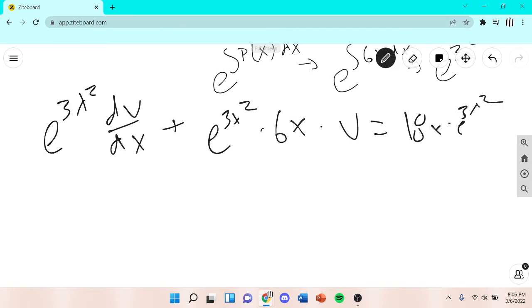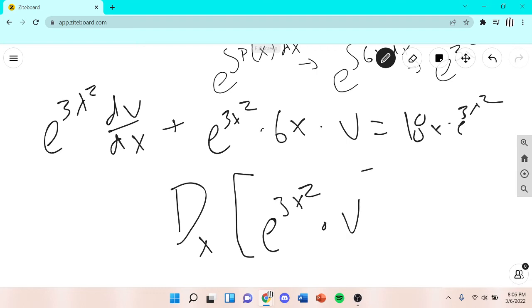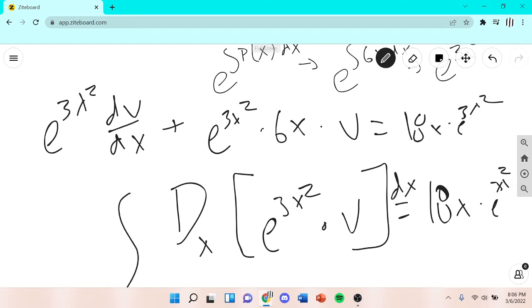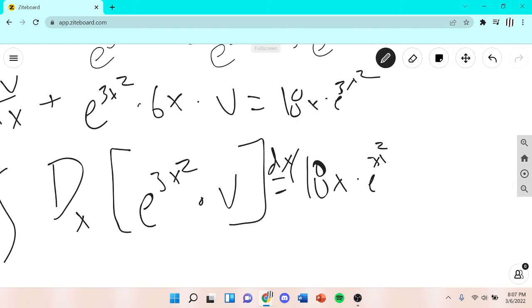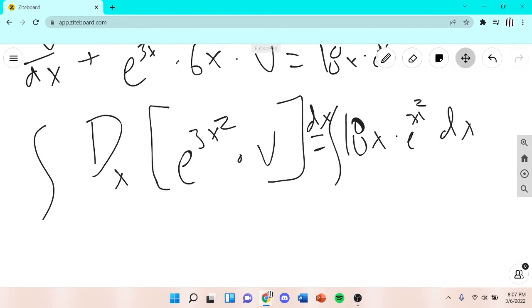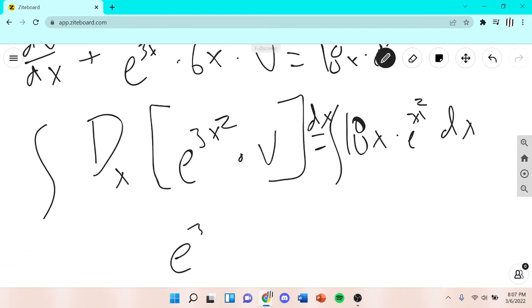Now we can say the derivative with respect to x of e to the 3x squared times v is equal to 18x times e to the 3x squared. We integrate both sides with respect to dx. This will get you e to the 3x squared times v is equal to whatever this integral is.